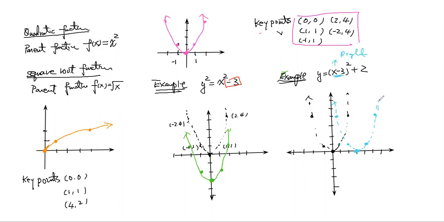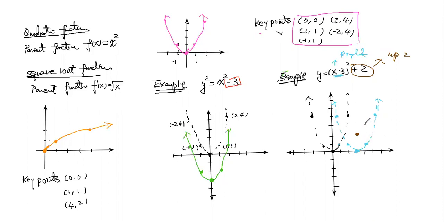Okay. Now the last one here, what am I going to do? Add 2. Adding 2 means up 2, right? So that means everything needs to shift up 2. Okay, so now let's take a look. 0, 0 shifts to here, up 2. 1, 1, this one's here, up 2.